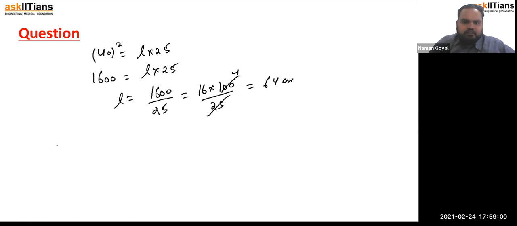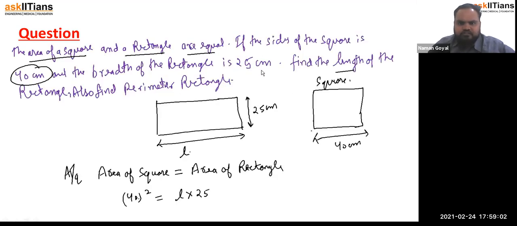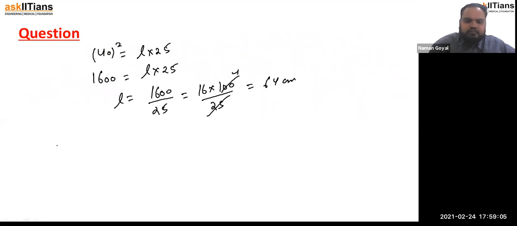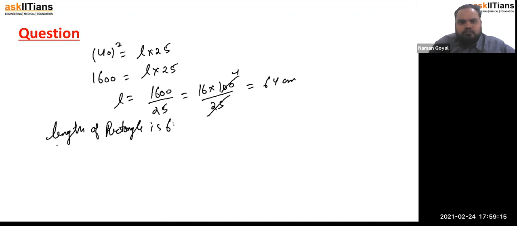It is in centimeter, right? Yes, it is in centimeter. So we can say that the length of the rectangle is 64 centimeter. Are you getting my point? So we can do these types of questions very easily.